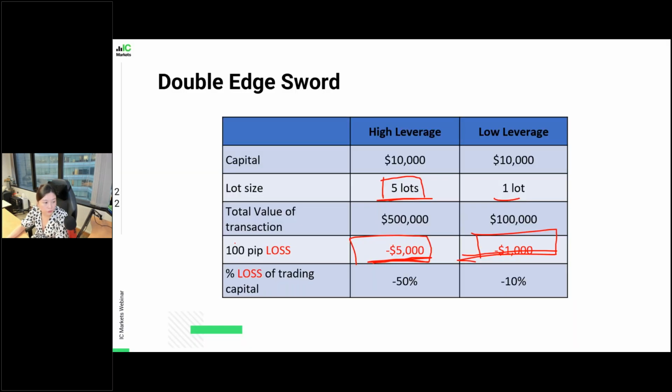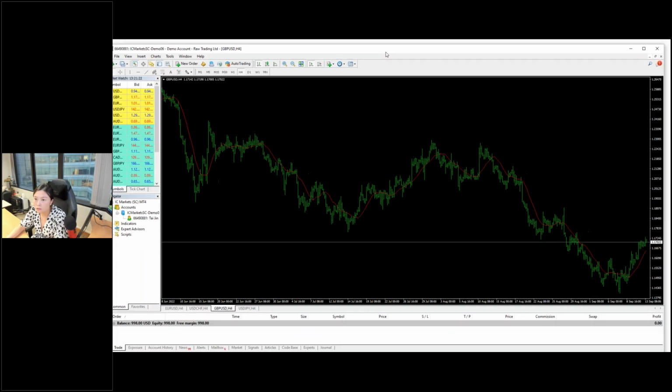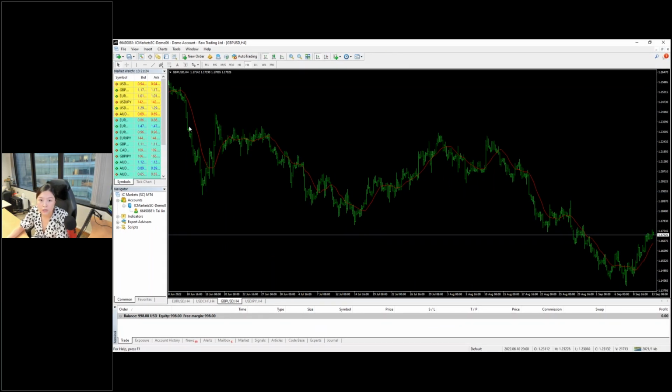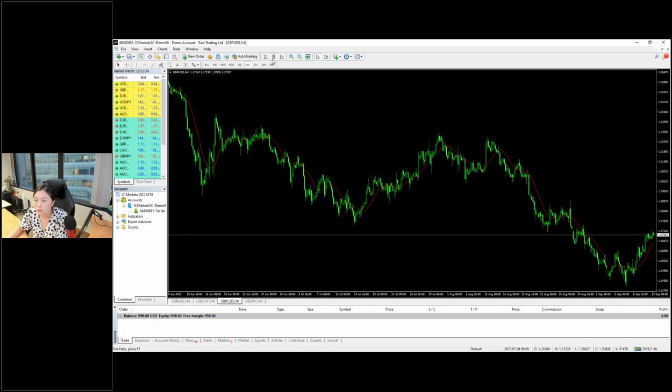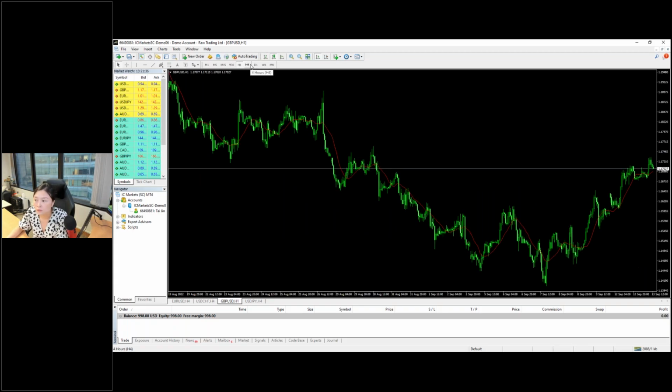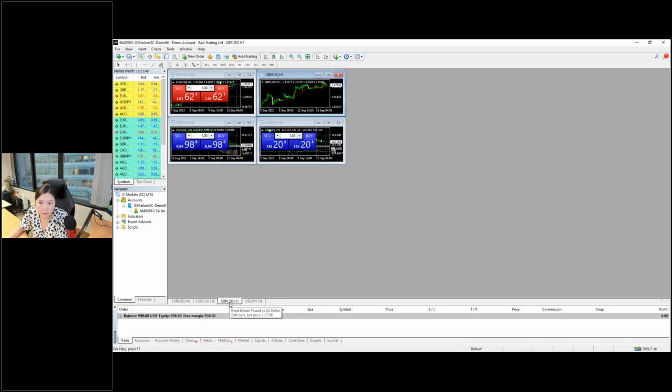Okay, maybe I show you an example first. Let me try. The example that I want to show you guys is about the lot size trading. For example, do I have money?